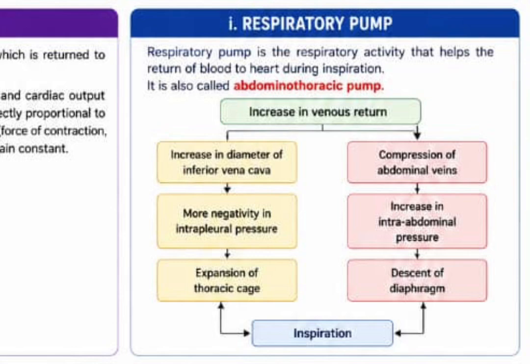In inspiration, first of all, there's a negative intrapleural pressure, because the pleural fluid cannot be drained into the venous circulation. Are you getting me now? So now there's negative intrapleural pressure, there's a decrease in intrathoracic pressure, but an increase in intrathoracic volume.